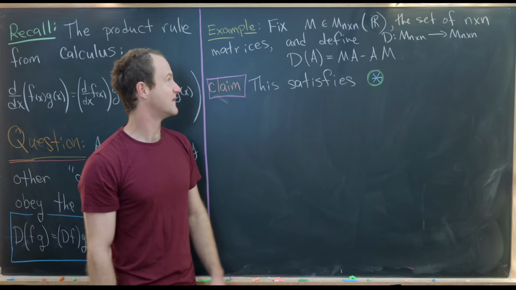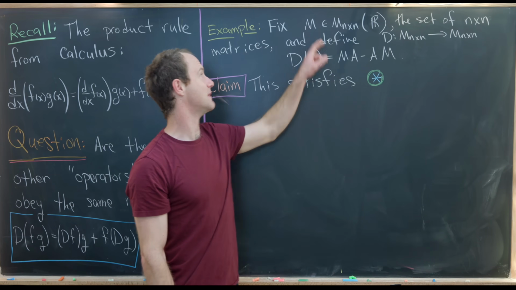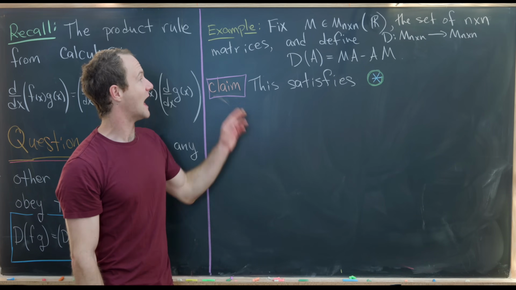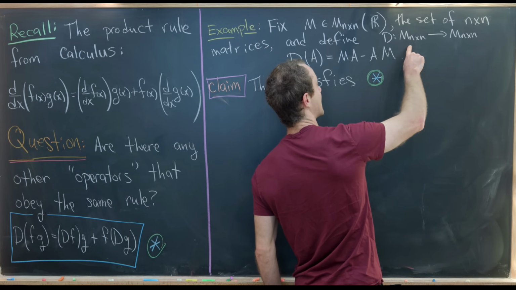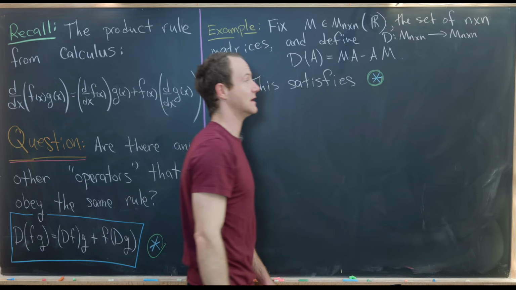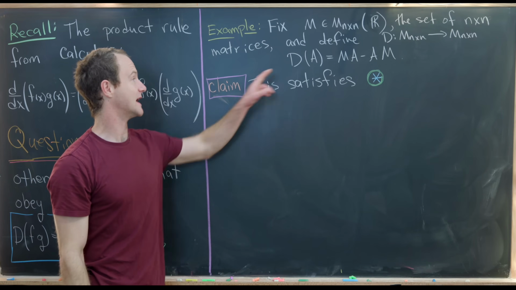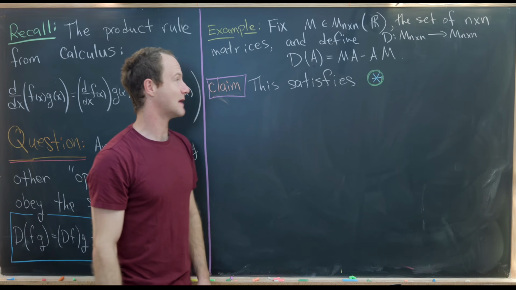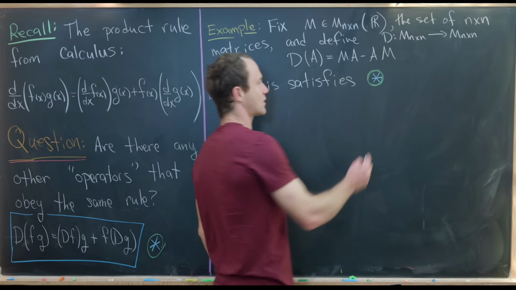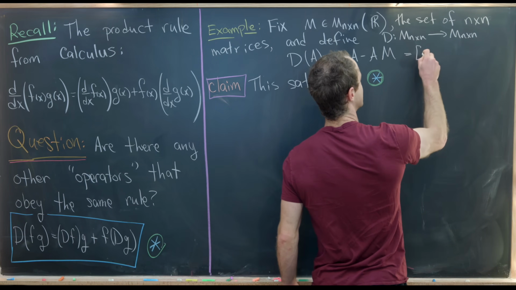So we'll start by fixing any n by n matrix M, and then define our map D from the set of n by n matrices to the set of n by n matrices by D evaluated at A is MA minus AM. So in other words, it is the matrix commutator.